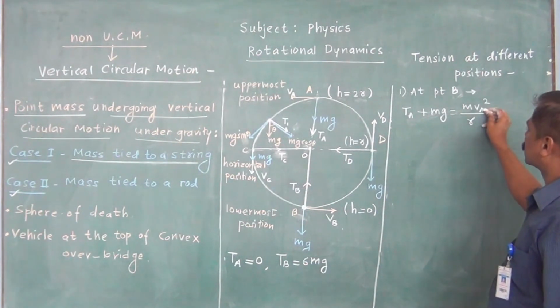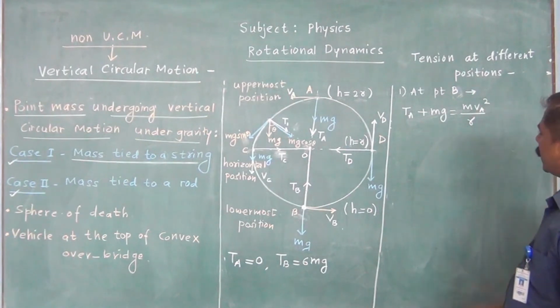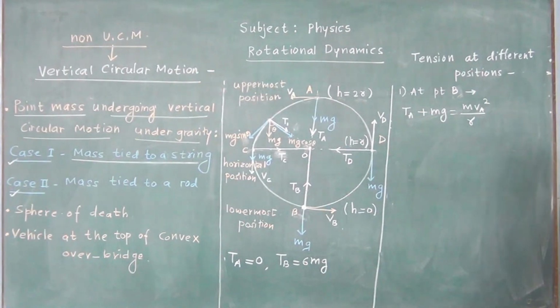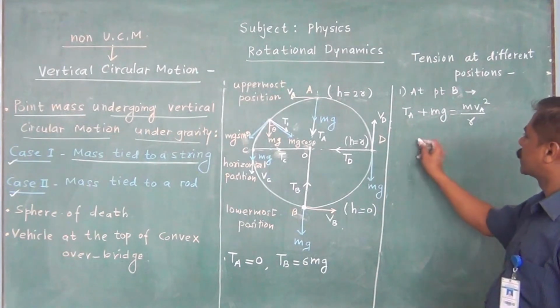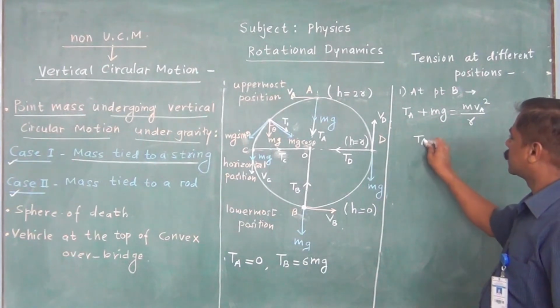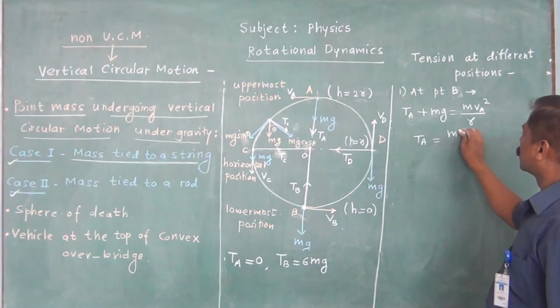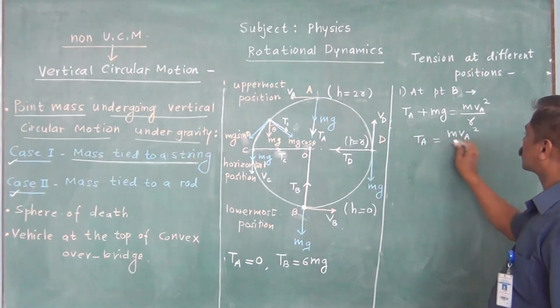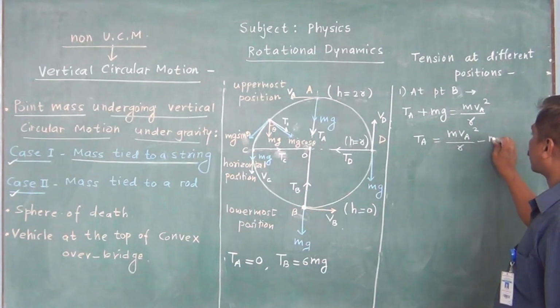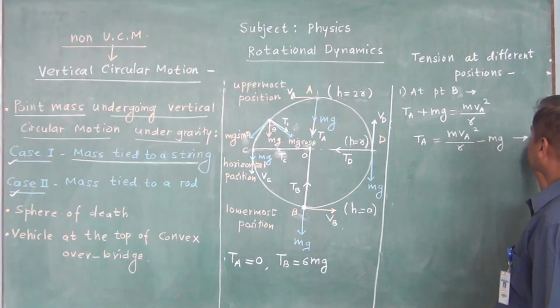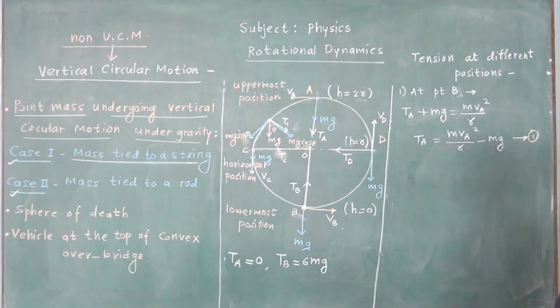This velocity is considered at position A. The second equation, we can transfer this equation: TA is equal to mva square upon r minus mg. Say this is equation number 1, which is taken at point A.